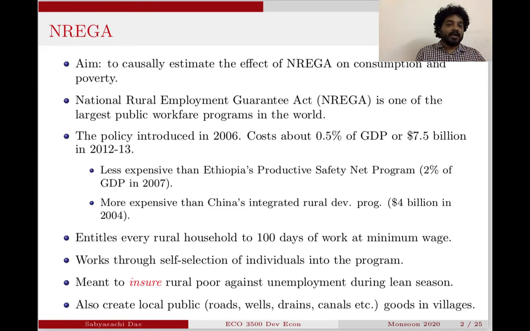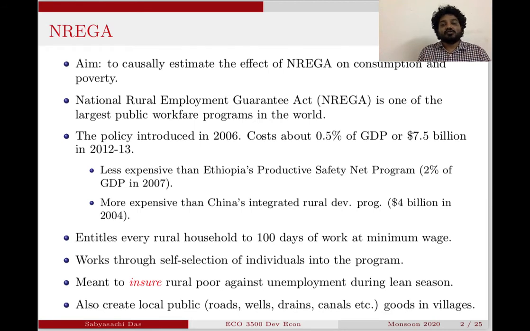Okay, and because NREGA gives 100 days of employment guarantee, NREGA can fill this vacuum. So basically, it's an insurance for the rural poor against unemployment during this Rabi season.